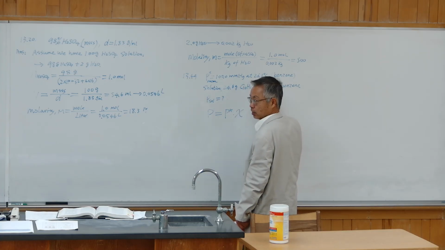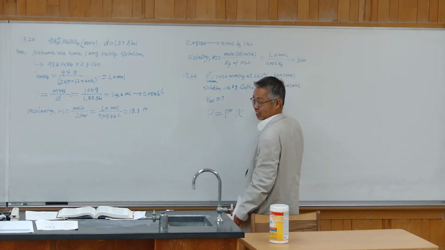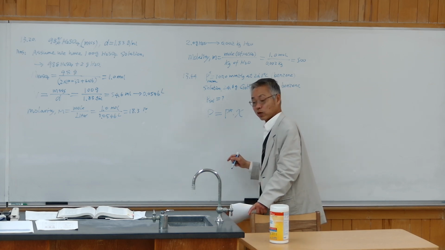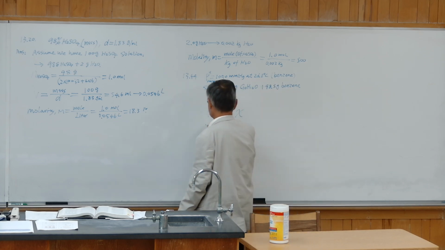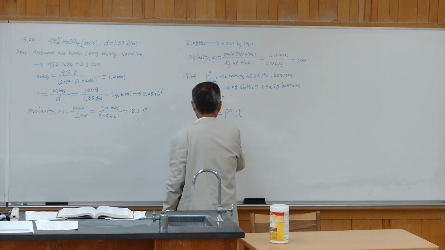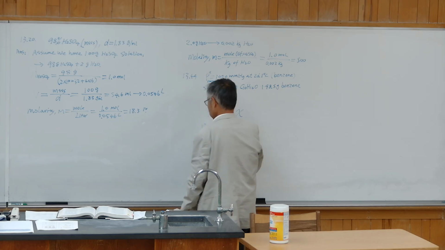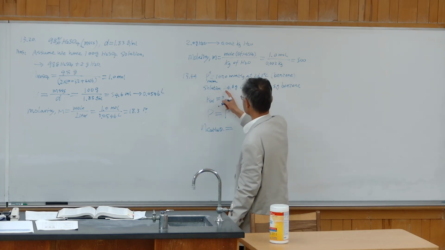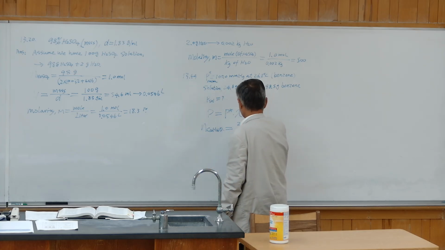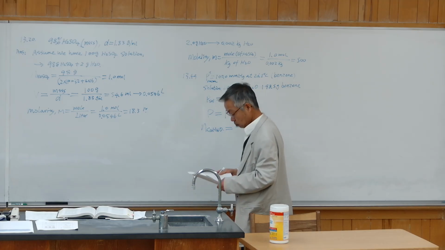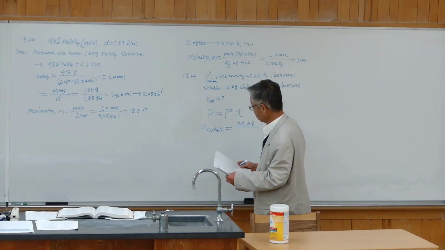Since here they give us mass, we can easily calculate the moles, right? Moles equals mass divided by molar mass. So moles of C10H16O equals mass 24.6 gram divided by molar mass. What is the molar mass?